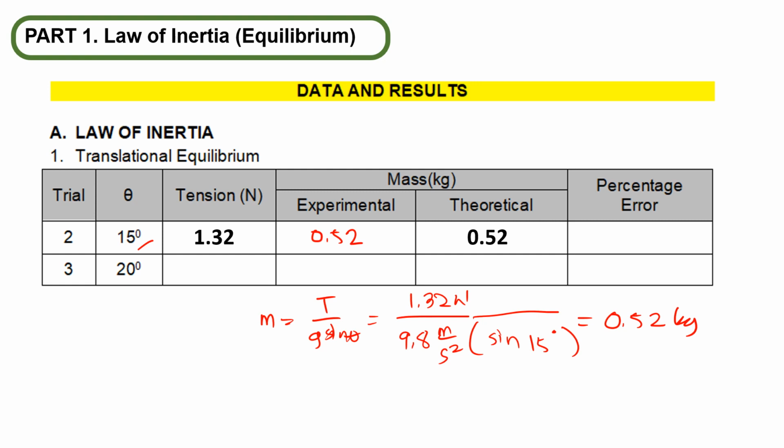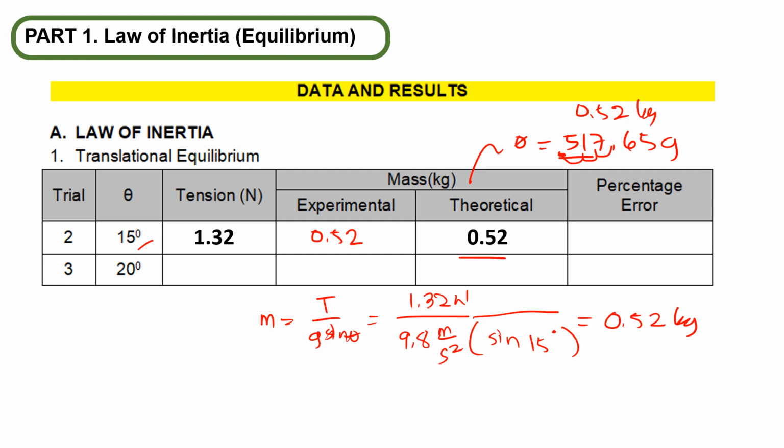Assuming that the theoretical value, after measuring the cart using the top loading balance, is 517.65 grams, we just convert this into kilograms. Divide by 1000 and round off to 2 decimal places, so this will be 0.52 kilograms.